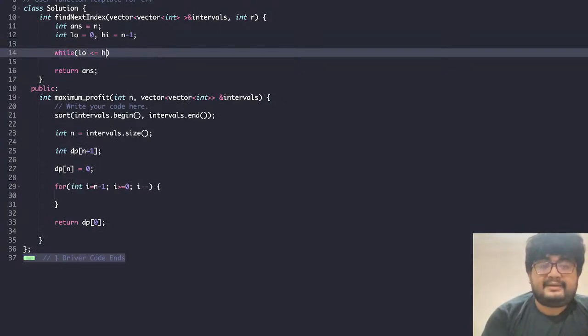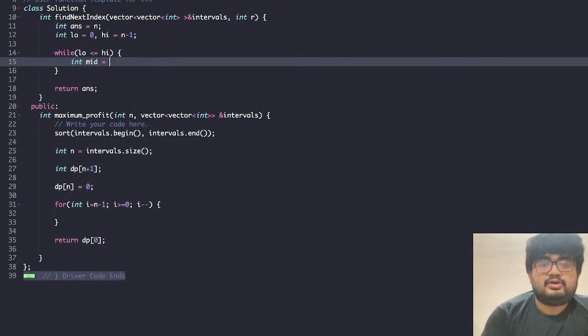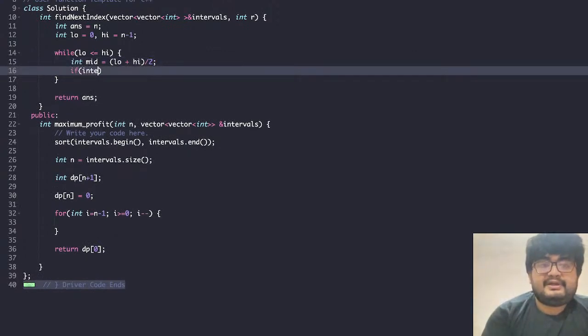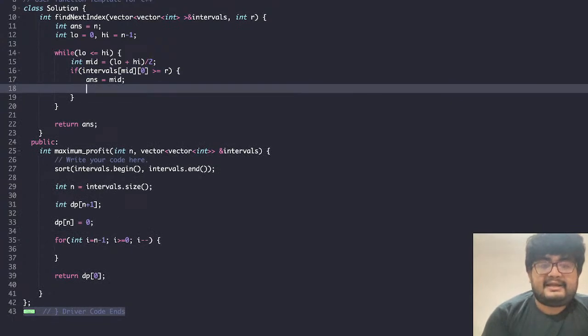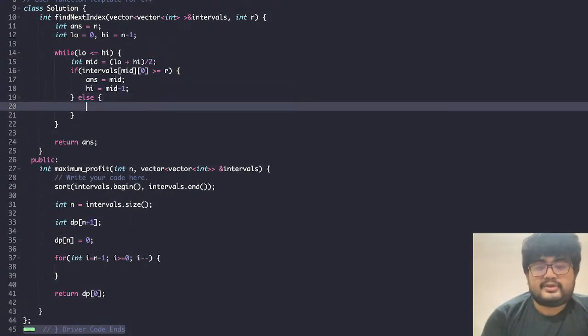So while low less than or equal to high, int mid equals low plus high by 2. If intervals of mid of 0 is greater than or equal to r, in that case this can be a candidate answer. So answer equals mid, and high equals mid minus 1, else low equals mid plus 1.